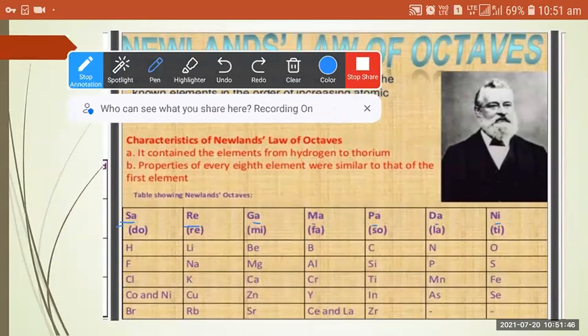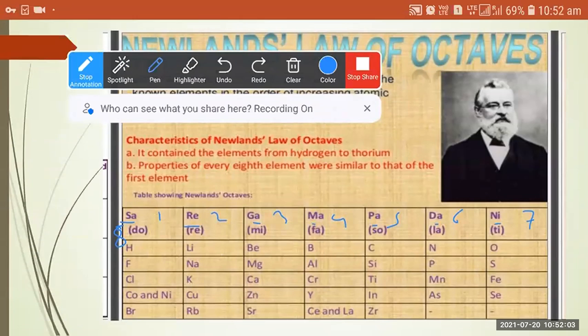You can count 1, 2, 3, 4, 5, 6, 7, and the eighth time it is repeated with the first one, isn't it? Similarly, we can consider the elements.